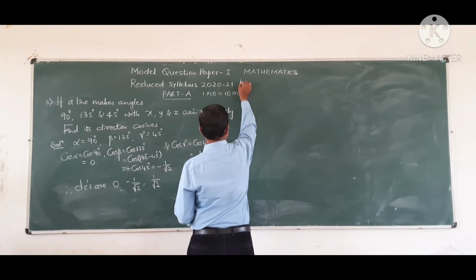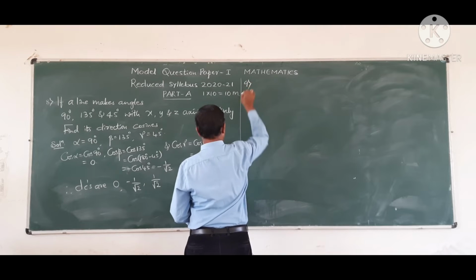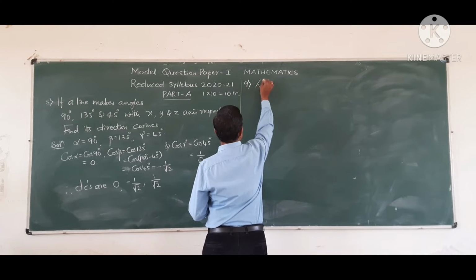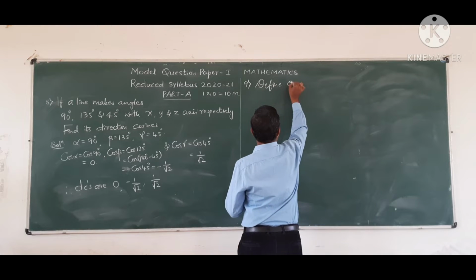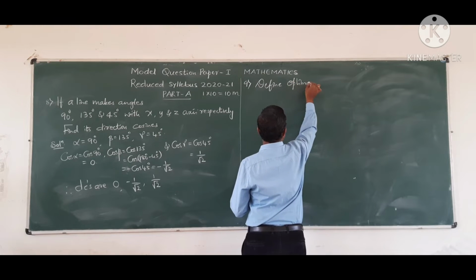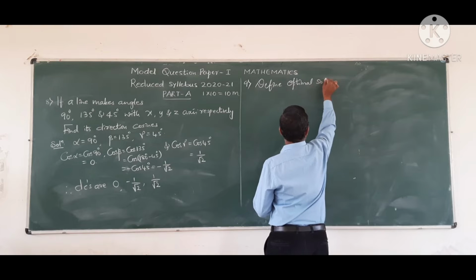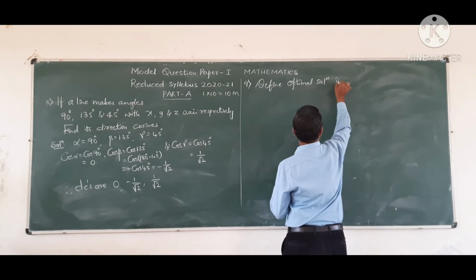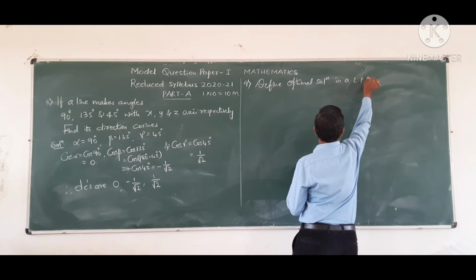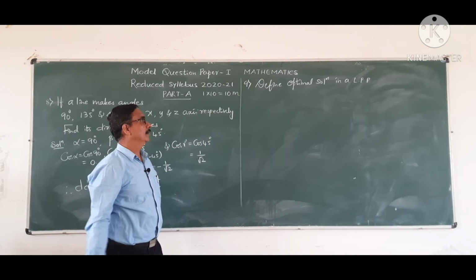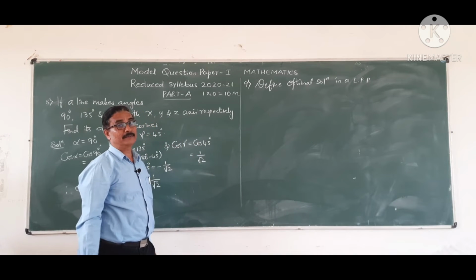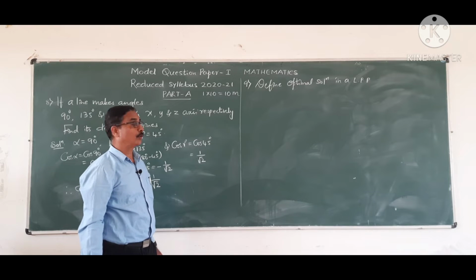So, 8th over, 9th one, define optimal solution in an LPP. Define optimal solution, linear programming problem.